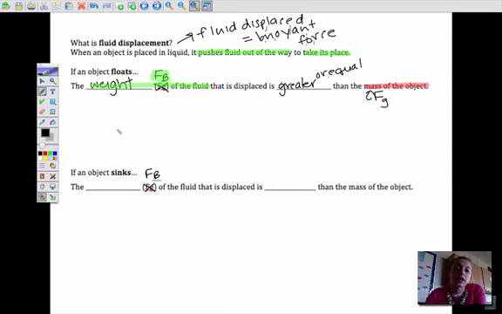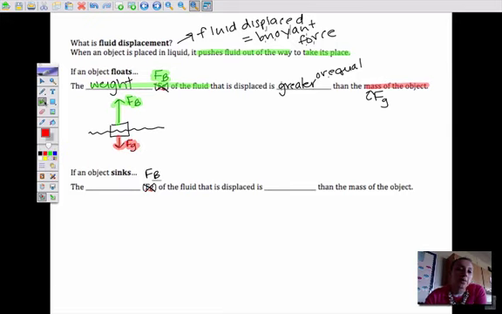Well, what does that look like? So say we place an object in water, and then if it's floating, that means that the gravity or the weight of the object is going to be less than the buoyant force. So our buoyant force, or the weight of the fluid displaced, is greater than the mass or weight of the object.